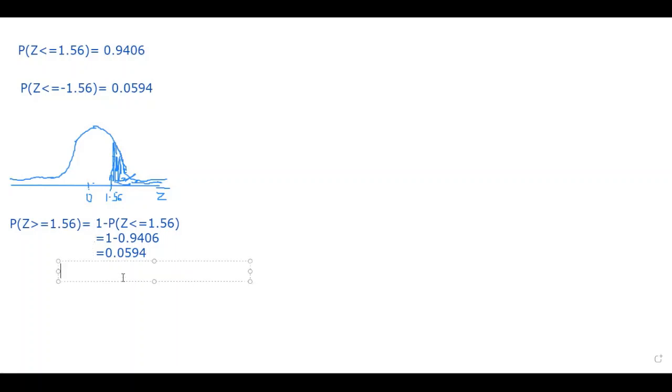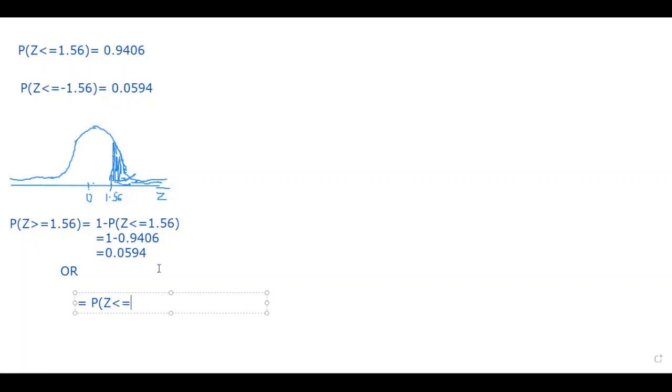Or you can do this. Or you can find the probability that the z given is less than or equal to, so z is less than or equal to what?